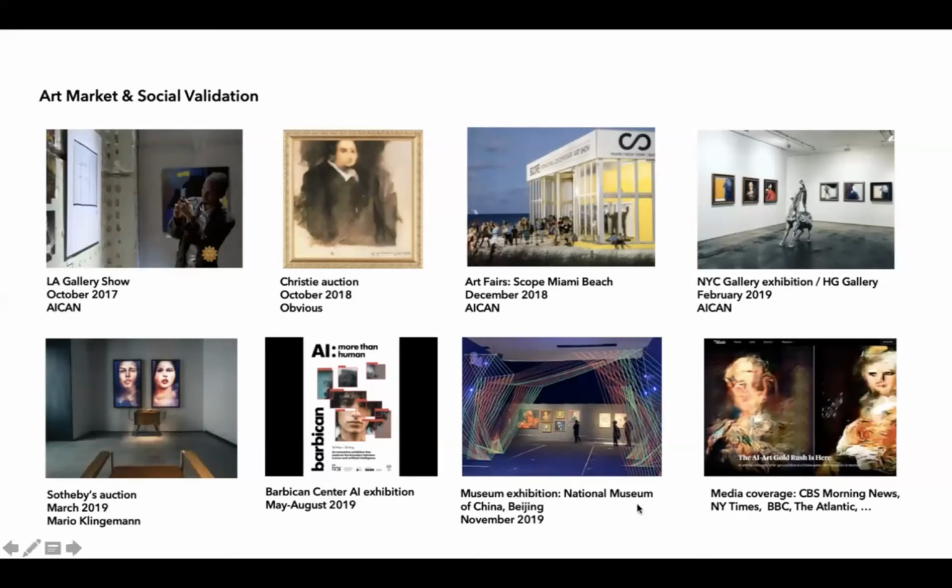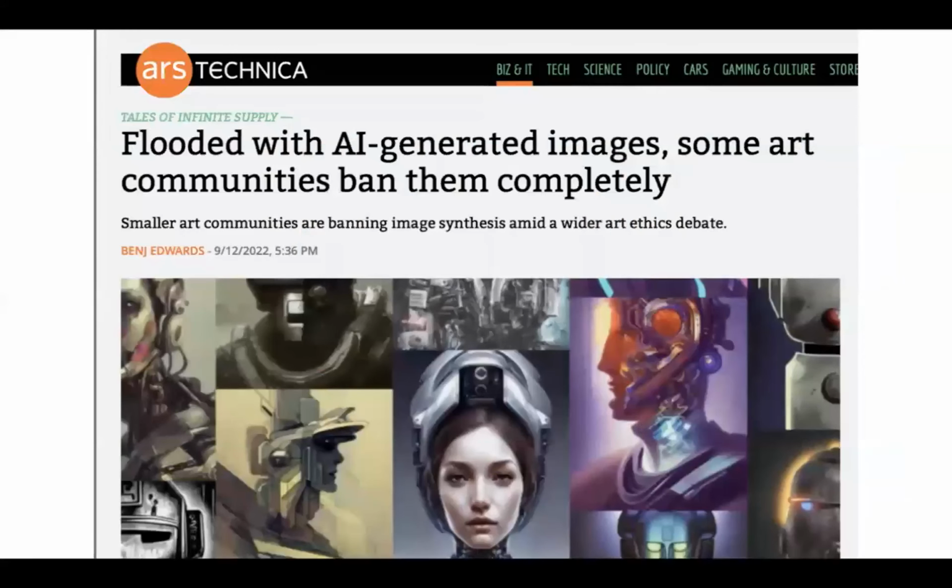The National Museum of China had an exhibition that involved several groups of AI artists in late 2019. And obviously the media coverage of what was happening in AI art in these few years was very positive at that time. Moving forward to today, we see things like art groups banning AI art.